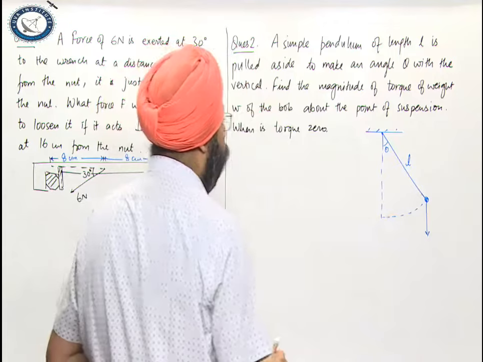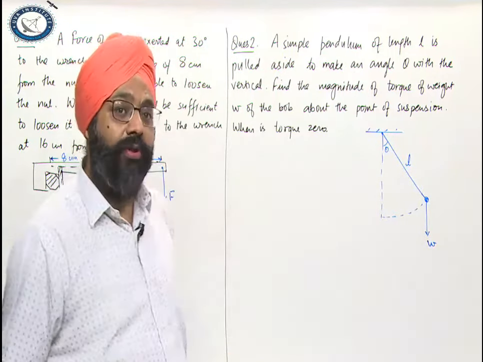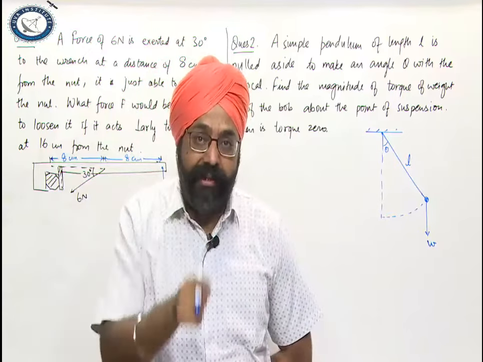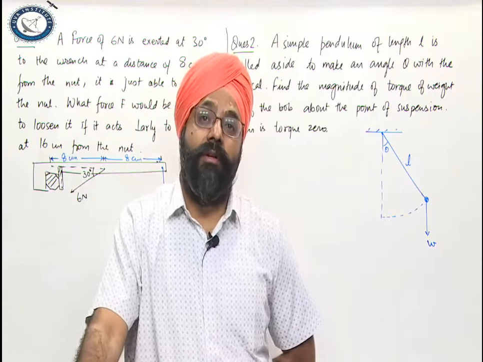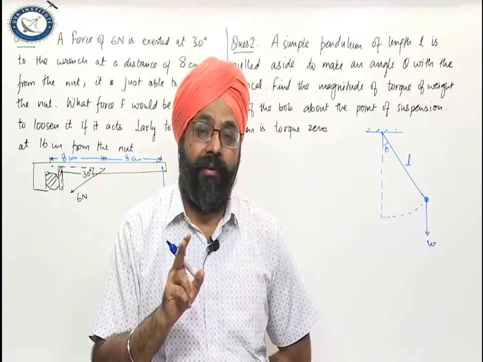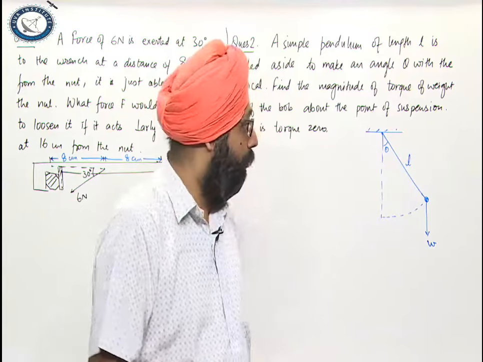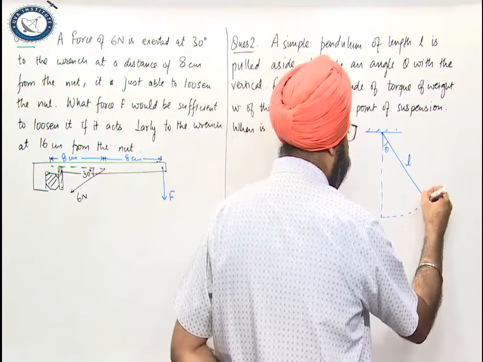Find the torque of the weight of the bob, W. Now the weight is W, and this is the line of force. You have to consider the component of L which is perpendicular to this weight about the origin.